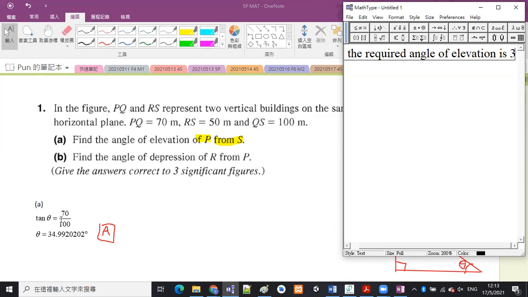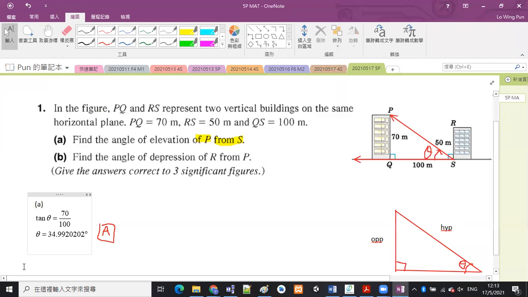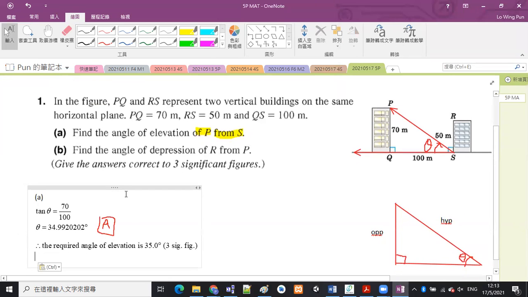So we get 35.0 degrees. This number is correct to 3 significant figures. Is that okay? So this is the answer of part A.